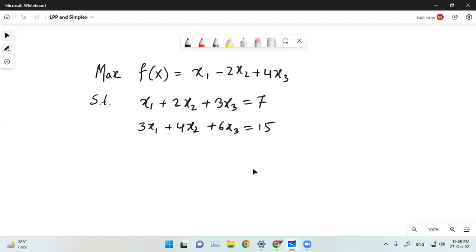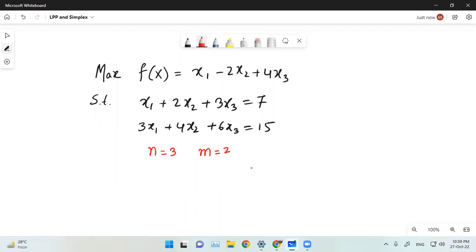From this problem, we can see two things. First, the number of variables: our n is 3, x1, x2, x3, and the number of constraint equations m is 2.